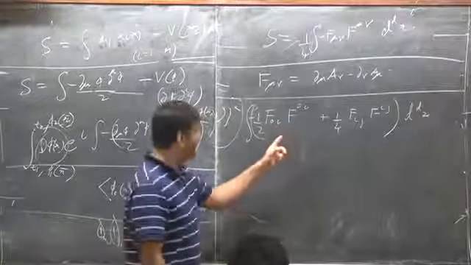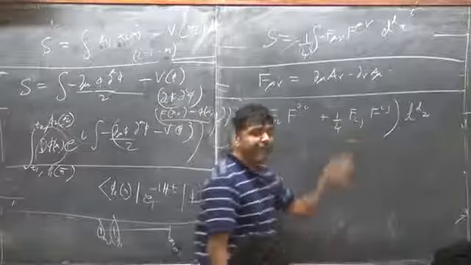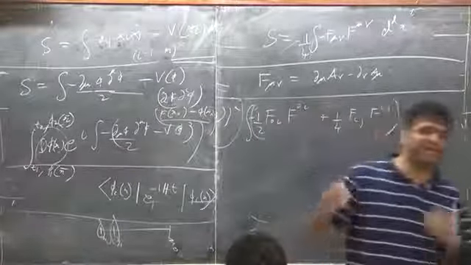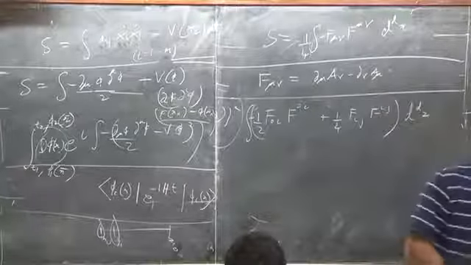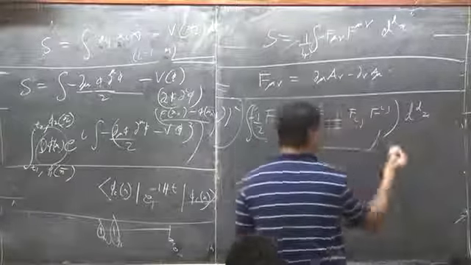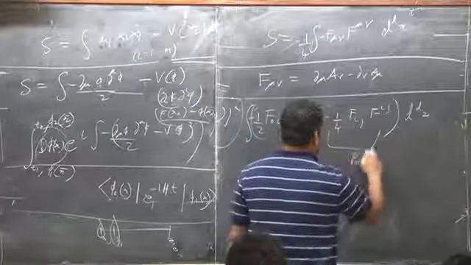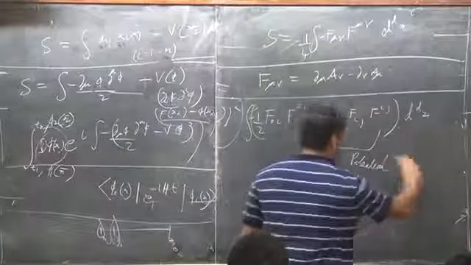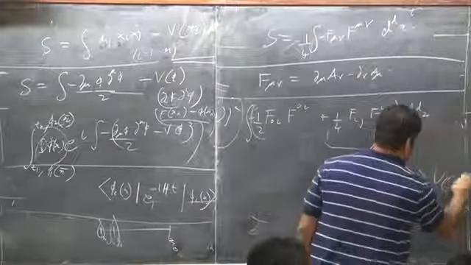Something you see here immediately is the following. Firstly, Fij is del i Aj minus del j Ai. It involves spatial derivatives of Ai. So this is the potential, the analog of the V of phi that we know.